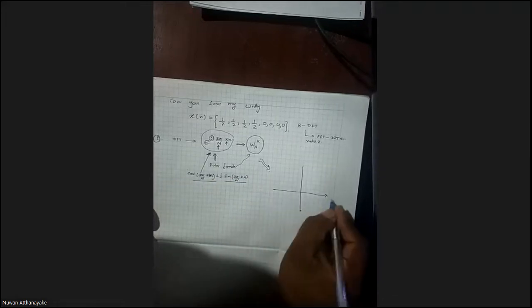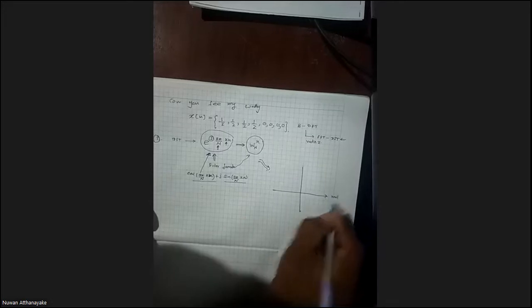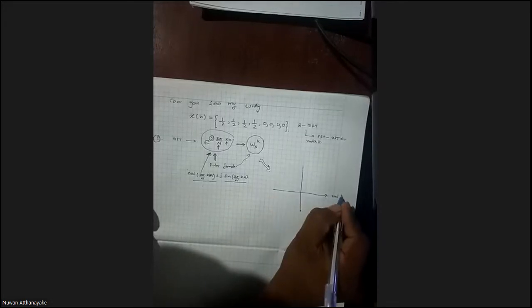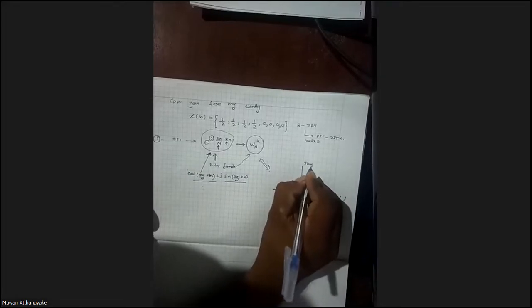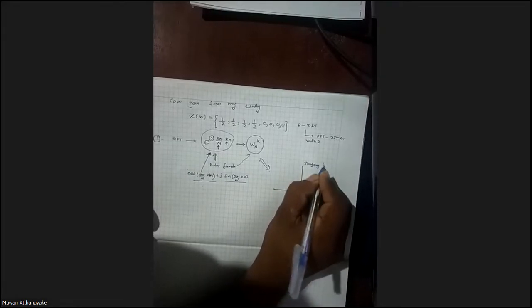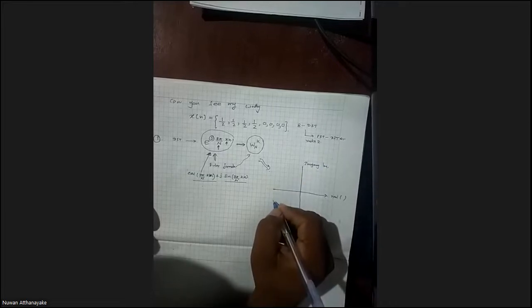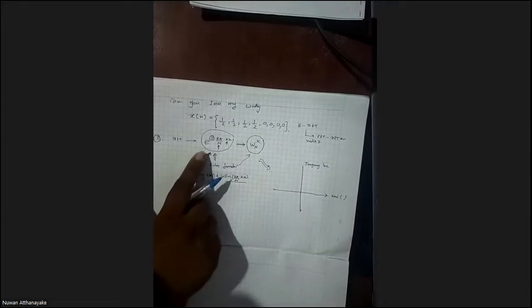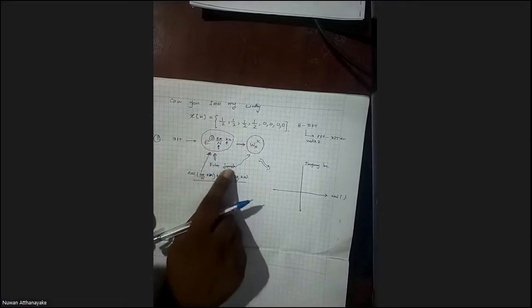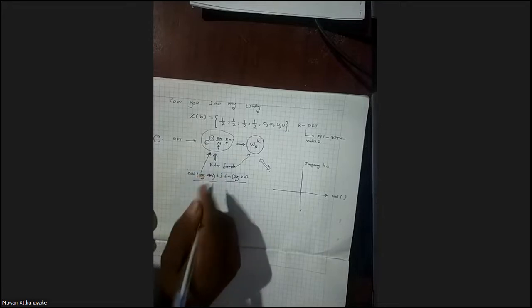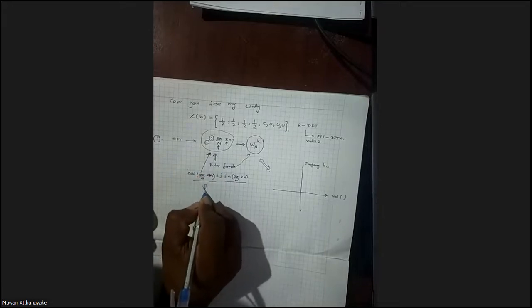So I draw a complex plane. This is the real line and this is the imaginary line. What is the magnitude of this complex number? Can anyone tell me?